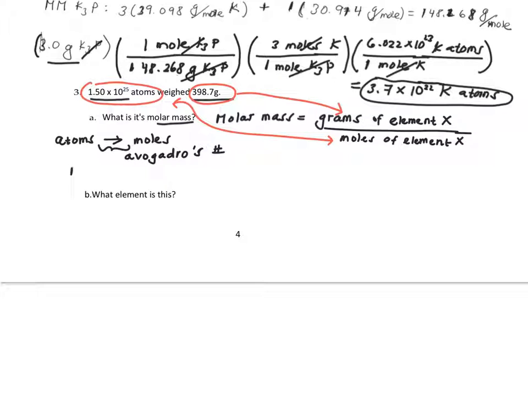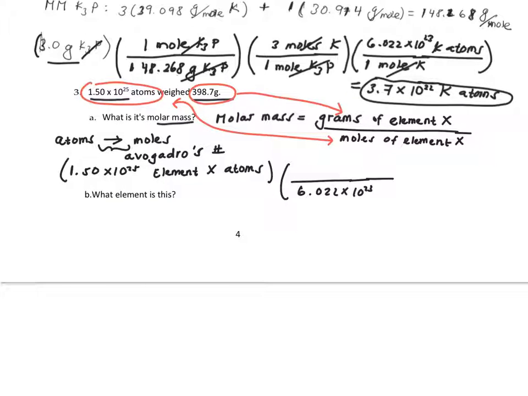So we start off with what's given. It's 1.50 times 10 to the 25th element X atoms. And we know that in Avogadro's number of atoms, we have 1 mole of element X atoms.